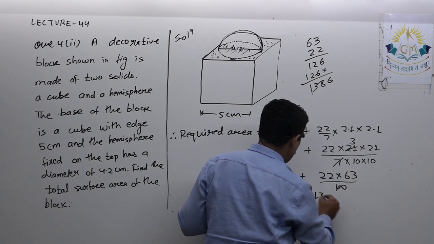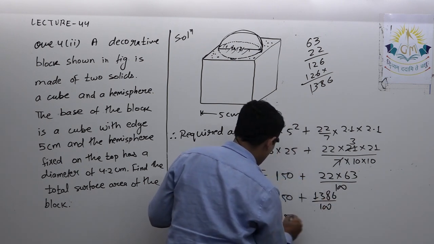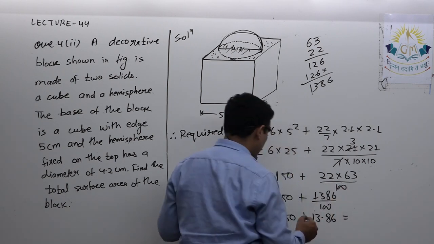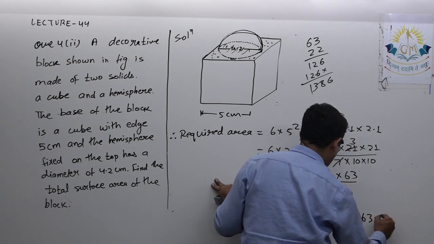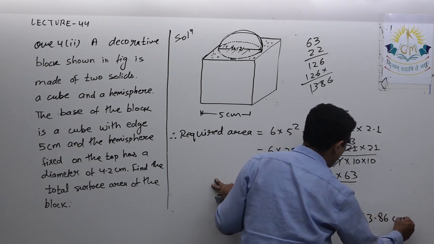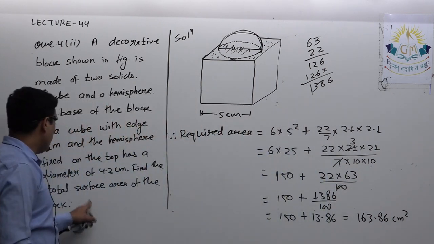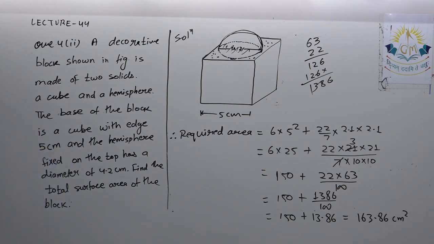So 1386 upon 100. So this is 150 plus 13.86. So final answer is 163.86 centimeter square. This is the total surface area of the block. So please note it down.